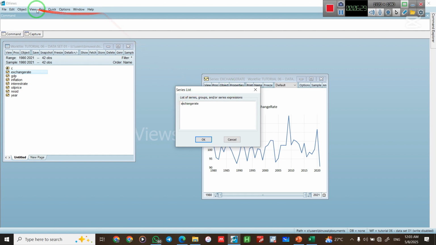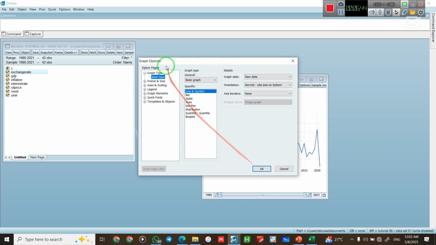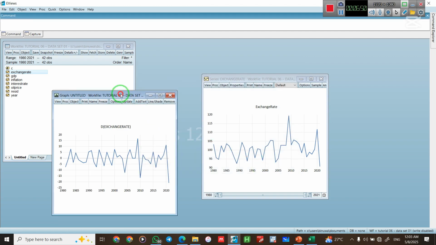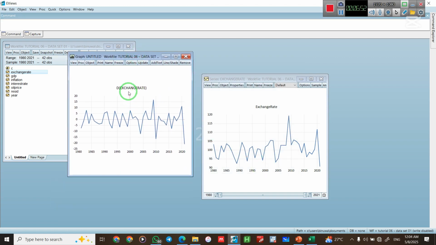To do that, you have to go to Quick, then Graph, and here you select the variable, then type D and brackets like this and press OK. Then select the graph type, specify line and symbol, and press OK.